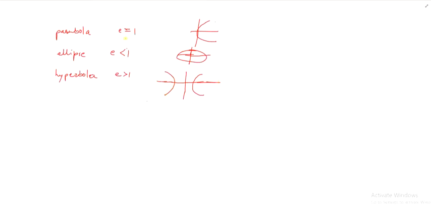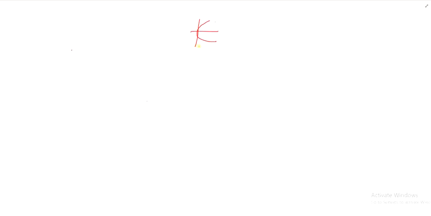So these are the very important and special uses of these conic sections. I have told you these uses so that you don't wonder what is meant by this conic section and why we are learning about it.